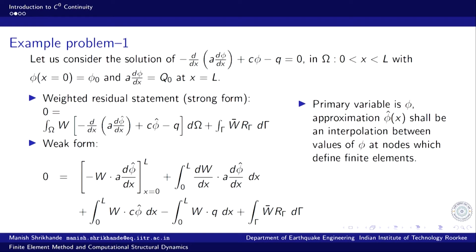Now, as we saw, the primary variable is phi, and the approximation phi hat has to be developed as an interpolation between the values of the primary variable at the nodes which define finite elements. Finite elements we will come to in a little while. We just saw in the previous slide that there are different types of one dimensional finite elements, with linear, quadratic and cubic variation.